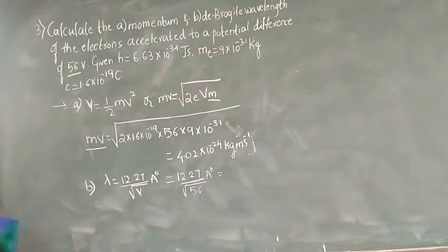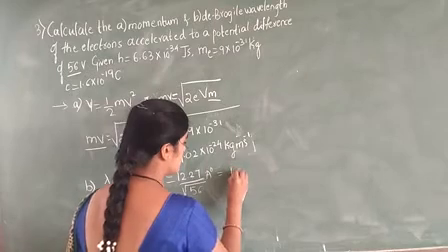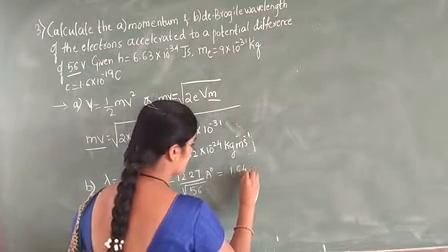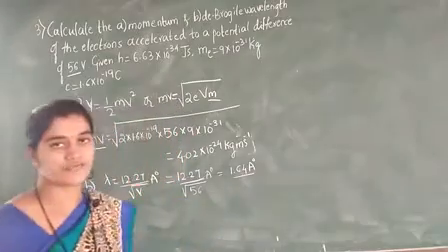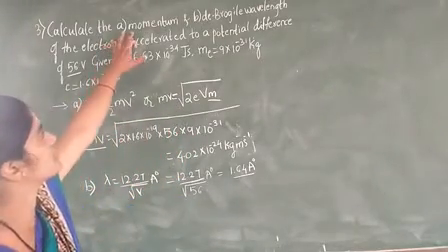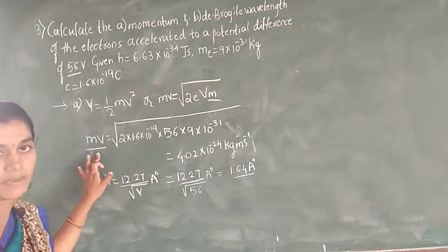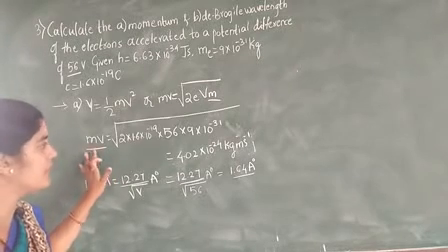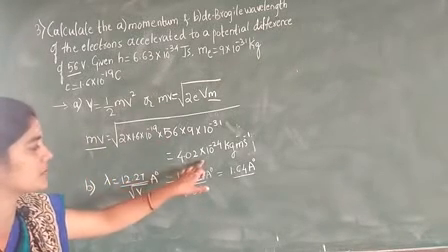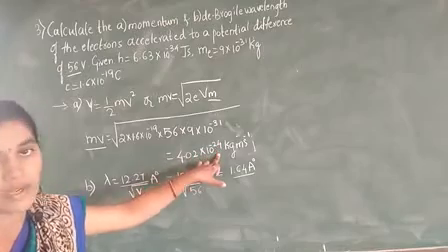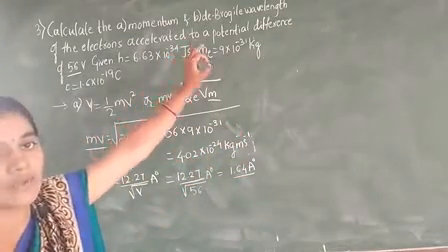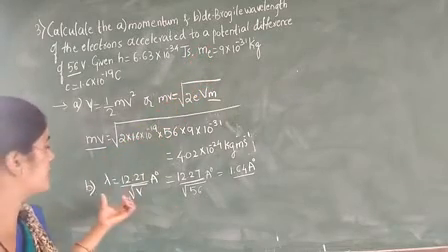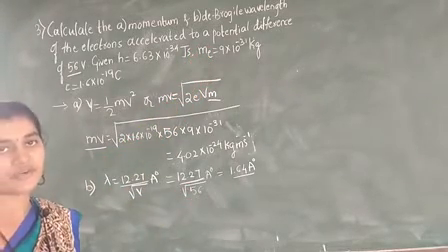The answer we are getting is 1.64 angstrom. So first in the question we had to find the momentum: momentum P is equal to mv, and we are getting the answer 4.02 into 10 raised to minus 24 kg meter per second. Second, the de Broglie wavelength: lambda is equal to 1.64 angstrom.